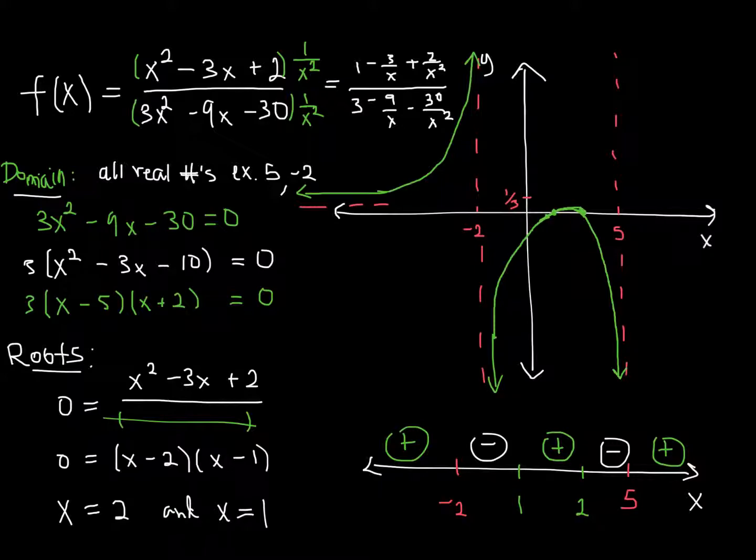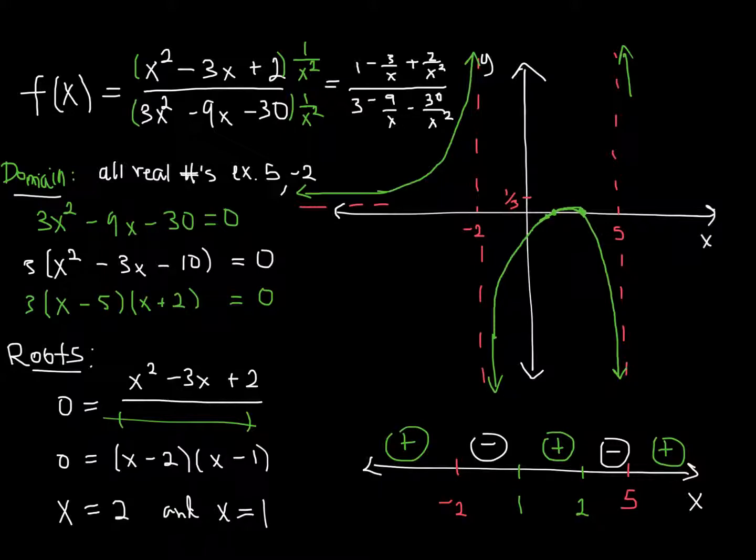Okay. Similarly, on the other side of positive 5, we know our function is always positive, and again, by the same reasoning, we will be approaching infinity, but this time positive infinity, as we get closer and closer to positive 5 from the right side.